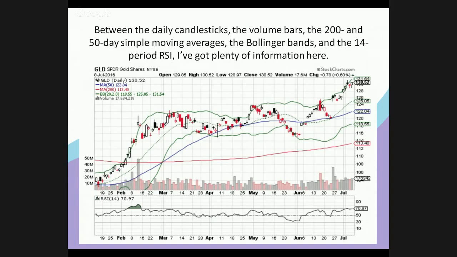Between the daily candlesticks over here, the volume bars down here, the 250-day simple moving averages, the Bollinger Bands, and the 14-period RSI, I've got plenty of information here. More than enough technical indicators, at least for me.